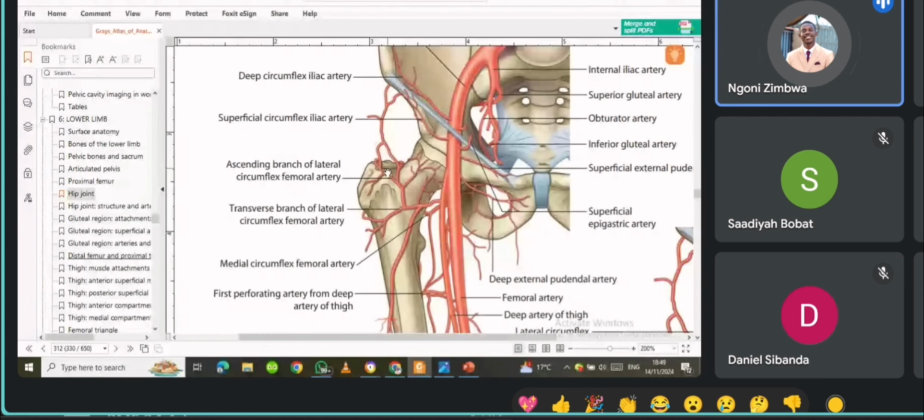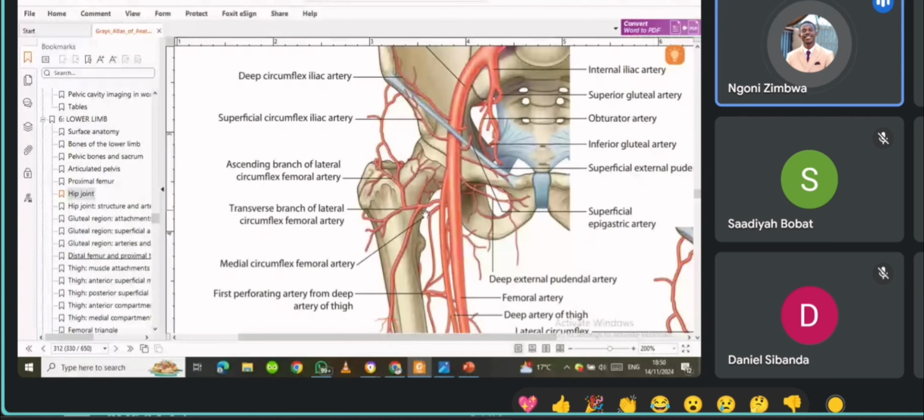But in that fossa, we're going to have an important anastomosis. Take note of this. This anastomosis is made by four arteries. One, the ascending branch of the lateral circumflex artery. Two, the ascending branch of the medial circumflex artery. This medial circumflex artery will give a certain branch, like we've said.